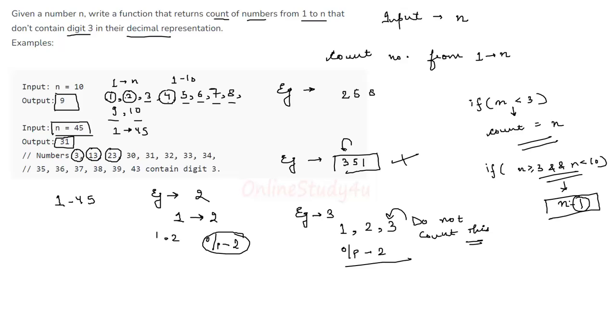So, till now, I have discussed two base cases with you. When your n is less than 3 and when your n is greater than 3 and it is less than 9, means n lies between 3 and 9. So, in that case, you will return n minus 1. Clear?